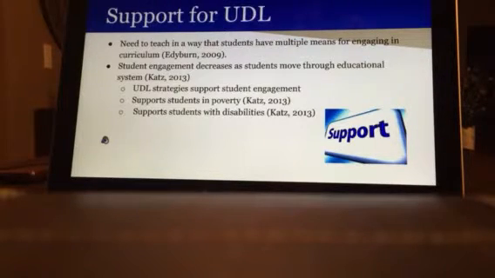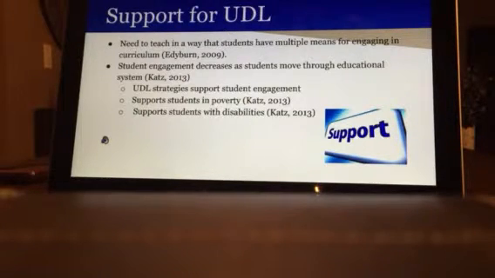And then Katz had some student engagement thoughts, and one thing that she found throughout her research is that student engagement decreased, especially for those students that were at the poverty level, which we have a good chunk of our students that meet that requirement, and also students with disabilities.